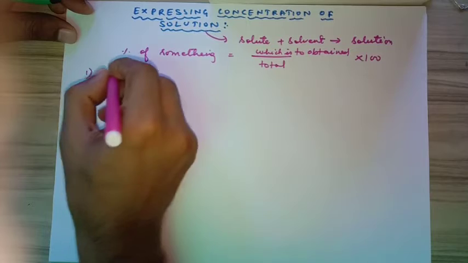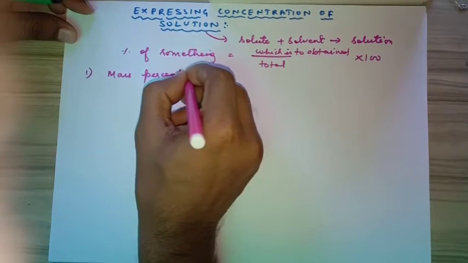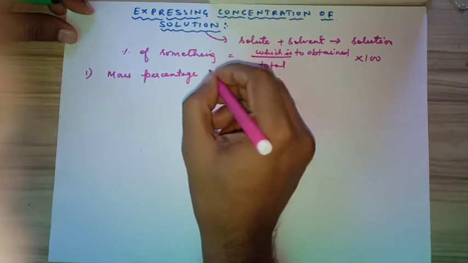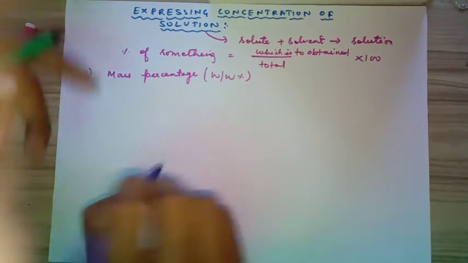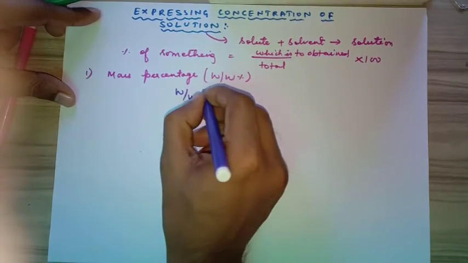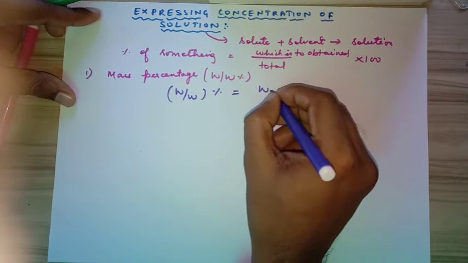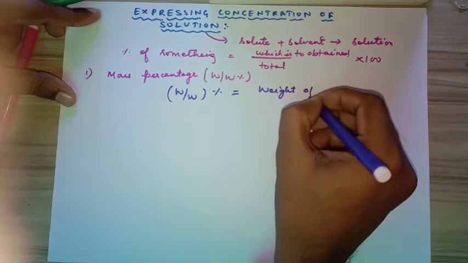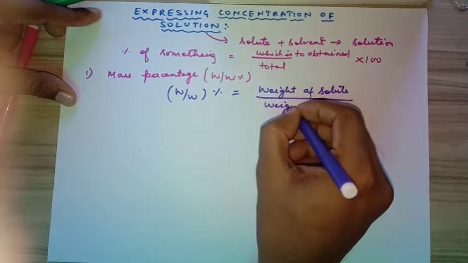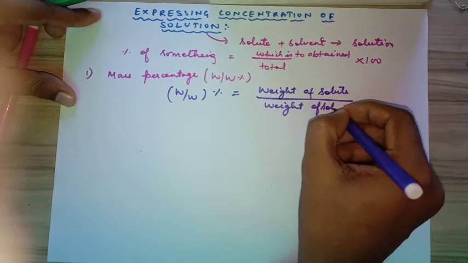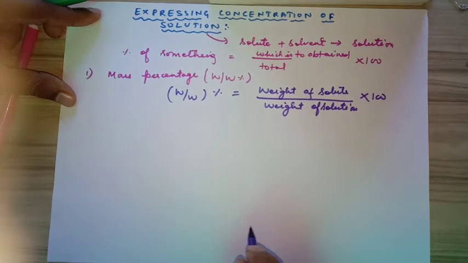Suppose if you are taking mass percent, that will be expressed as weight by weight percent. It can be written as W by W percent, which is given as weight of solute upon weight of solution, and if it is given in terms of percentage, it will be multiplied by 100.